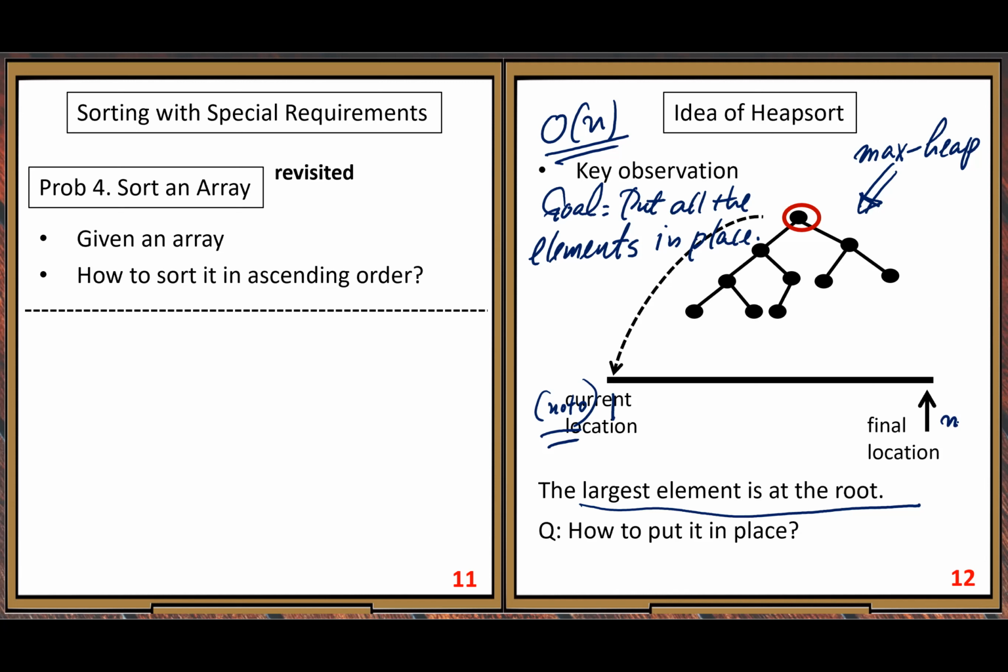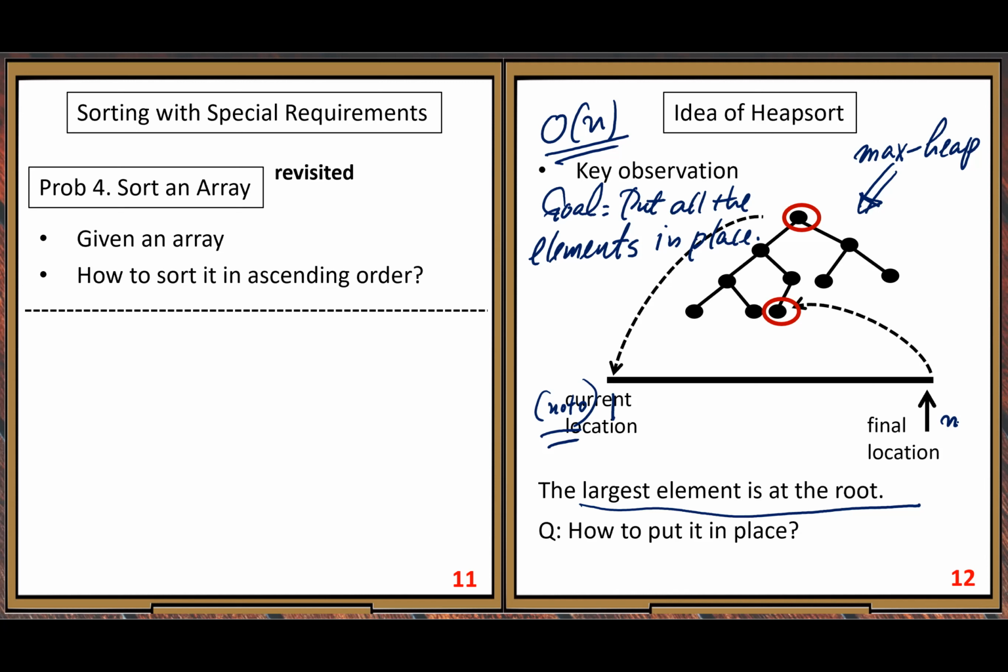That means we should move the root from the first location to the last location. That move is a swap operation. The last location corresponds, in the heap binary tree, to the red circled node.